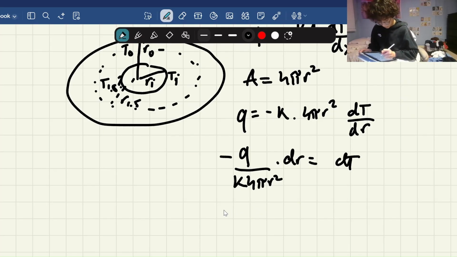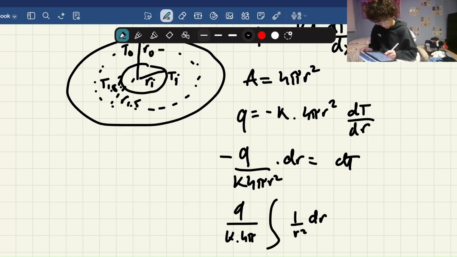And then I'm gonna put the negative sign over to dT as well. Q over K times 4 pi, 1 over r squared dr equal to dT.